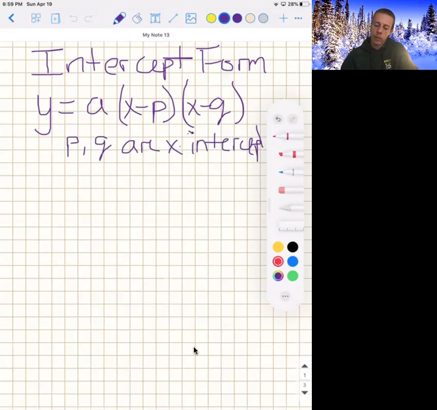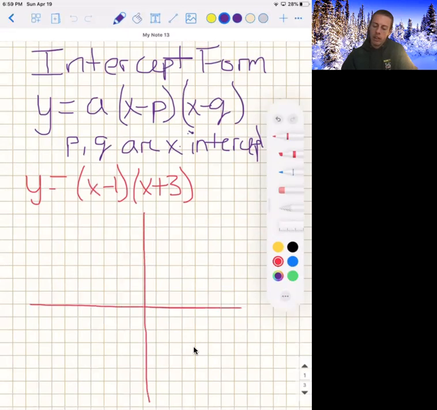So let's say for a moment that y equals x minus 1 times the quantity x plus 3. Okay, so when we go to graph this, we know, all right, since this first set of parentheses is already in x minus p form for us, that's nice. So we know that p must be 1. So if we go to the point (1, 0), we're going to have an intercept.